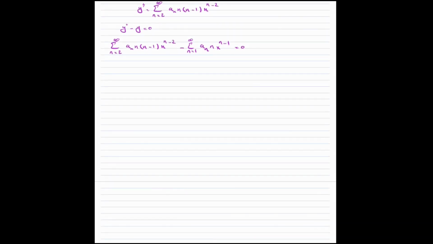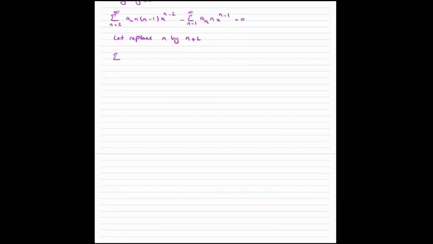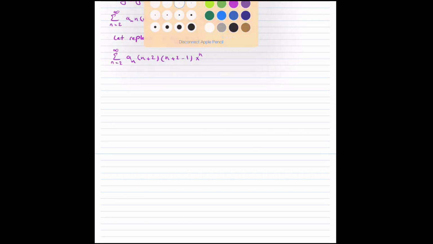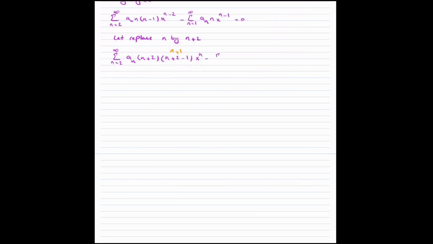So to get n starting at 0, we have to replace n by n plus 2. If we do that, we get the sum from n equals 0 to infinity of a_(n+2) (n+2)(n+2-1), which is actually (n+1), multiplied by x^n, minus the sum from n equals 0 to infinity of a_n x^n equal to 0.